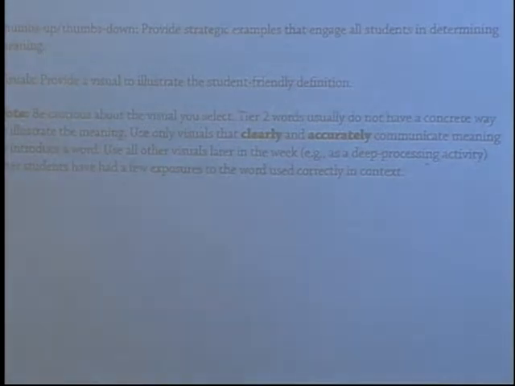And the first one is to highlight, and that doesn't mean necessarily highlight with a highlighter, but it could. But basically, you're going to note what is unique or particular about the word. So you'd ask yourself, how is the word typically used? And how do we try to communicate when we use that word? Okay?